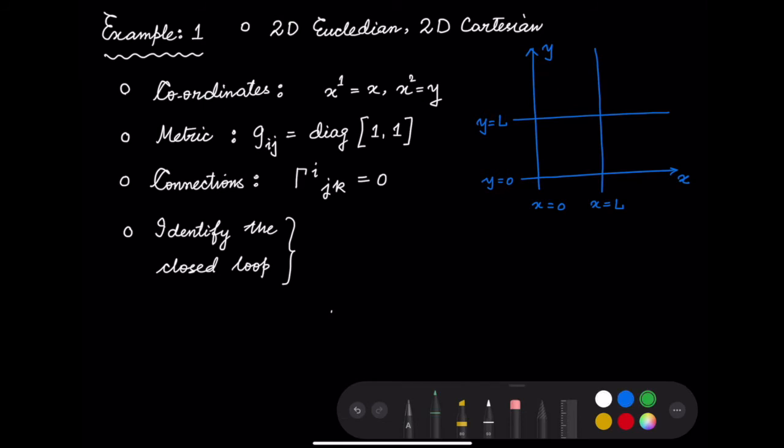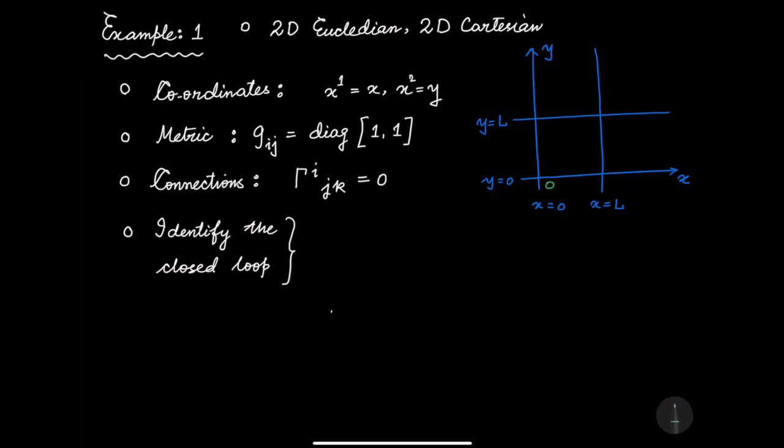What I will do is let's call this O, P, M, N. So I'll go this way first and then this way and then this way and then come back to O. So OP, in the segment OP, I have lambda equals x1 because that is what is changing, and x2 remains constant and the value of that constant is 0.